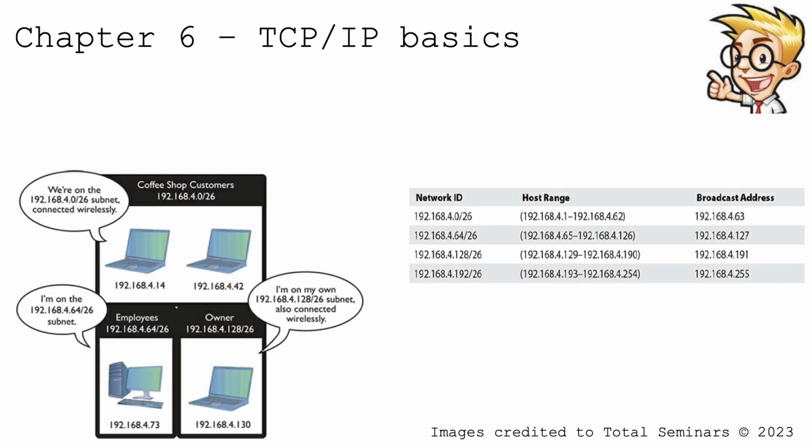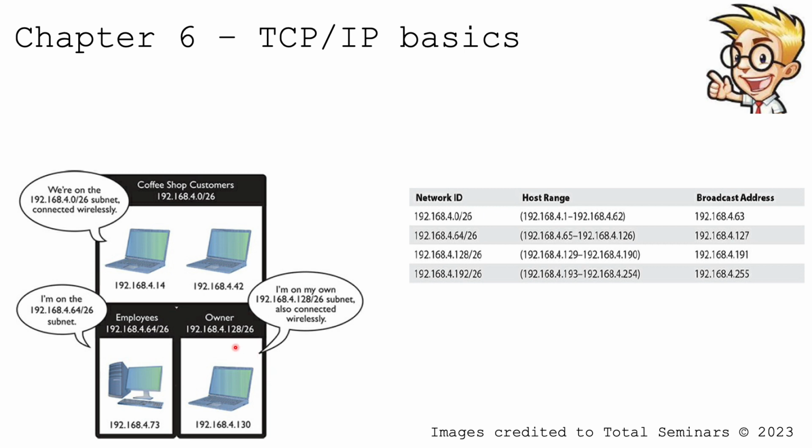Okay, using this example, we see this coffee shop that has different segmentations, 3 different networks. So we decided to use the .0, the .64, and the .128 as our network IDs. The wireless is going to use that first segment. Employees will be on the second segment.